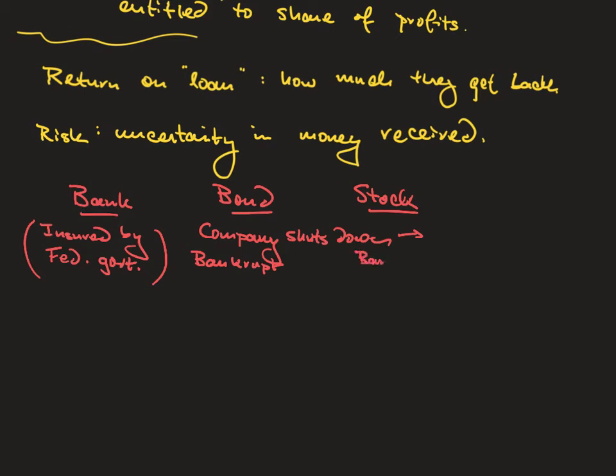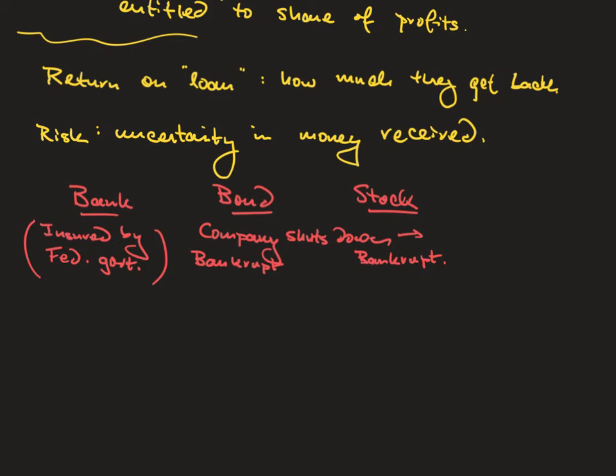If the company goes bankrupt, they get nothing. Again, the stockholders get a share of the profits, and if there's no money left in the bank account, they get nothing. As a matter of fact, if there's a limited amount of money, bondholders get paid first because that's a promise, as opposed to stockholders who get everything that's left over.